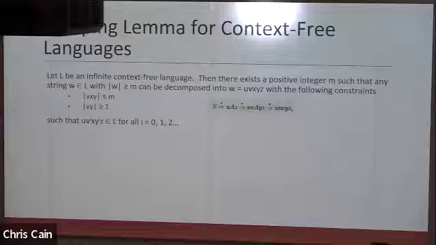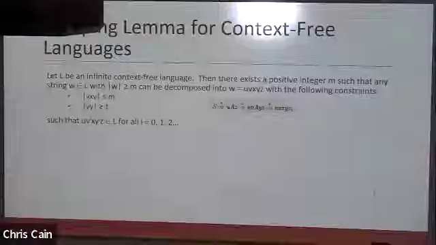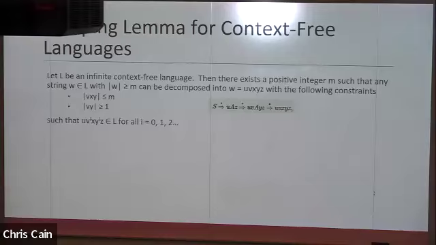So we could prove that a language is not context-free if we could find such an I, such that for any window of length VXY that we pass over it, we would end up with something not in the language.